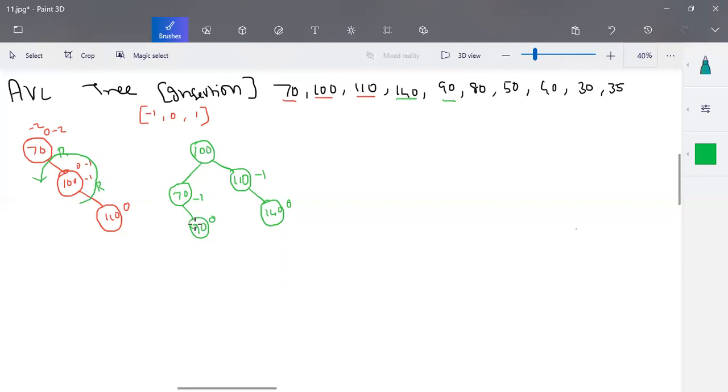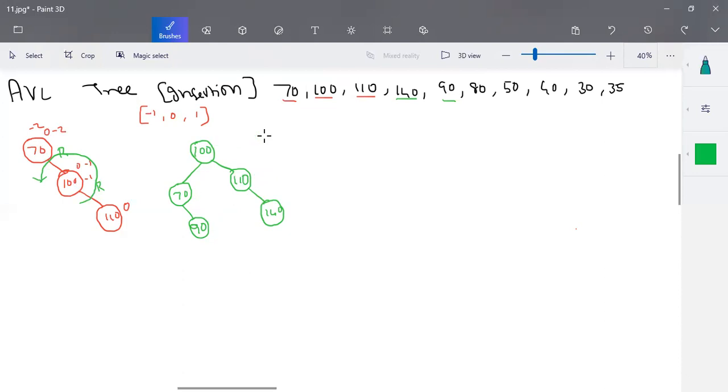This is the longest branch and the number of edges here is 2. For the right subtree, again take the longest branch that reaches the leaf node and count the edges. So it is 2. 2 minus 2 is 0. The balance factor for 100 is 0. Now the balance factors are either 0 or minus 1. It is all fine. No need for any rotation here.